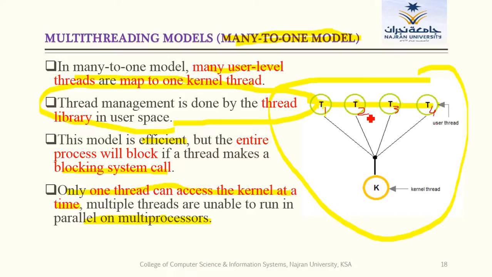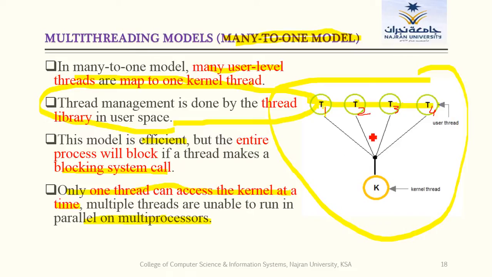So how many threads can access the kernel at a time? Only one. If T1 is accessing, then T2, T3, T4 have to wait. If T2 is accessing the kernel, then T1, T3, T4 have to wait.